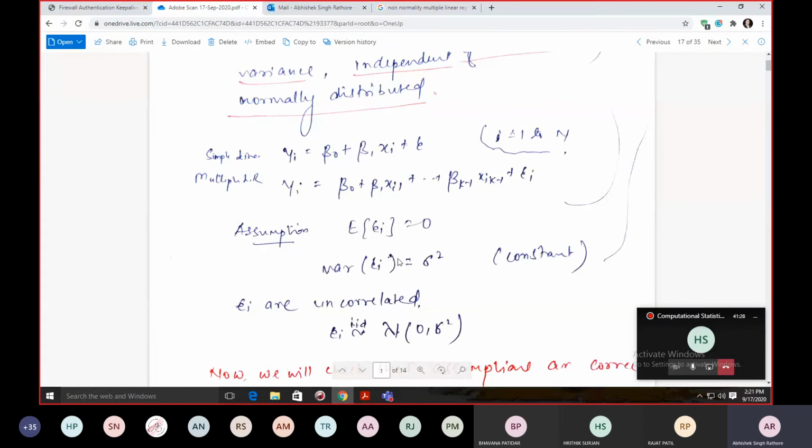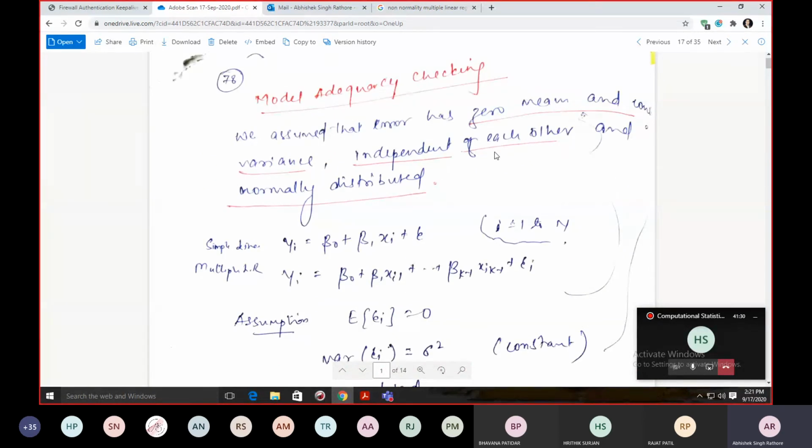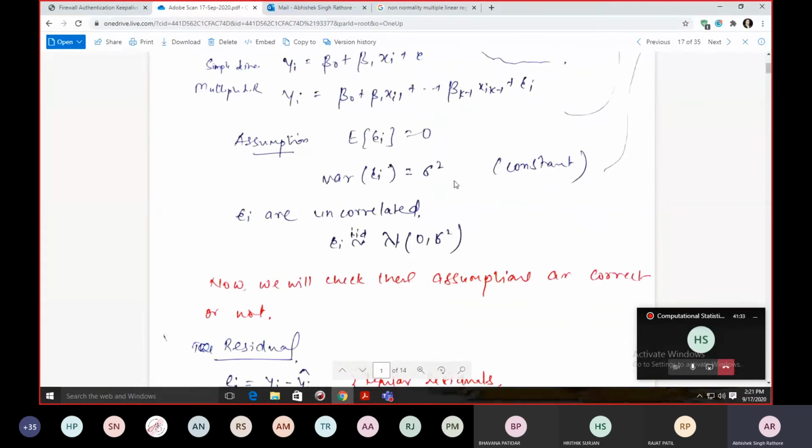Then we say these errors are independent of each other, or we can say they are uncorrelated. So these errors are independent, identically distributed with a normal distribution with zero mean and constant variance sigma square. Now we'll check whether our model assumptions are correct or not.